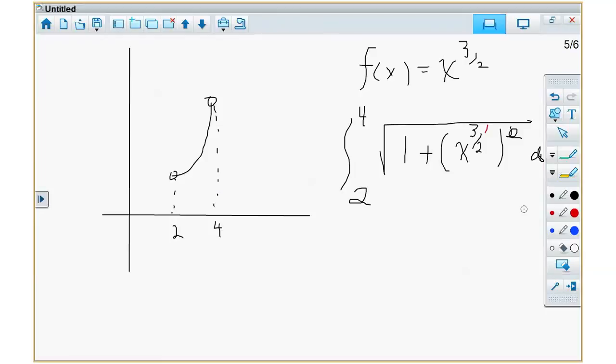That's what you should be working on. Now you can pull the x to the 3/2 out and work with it and then put it back in. I don't care how you do that. That's up to you.